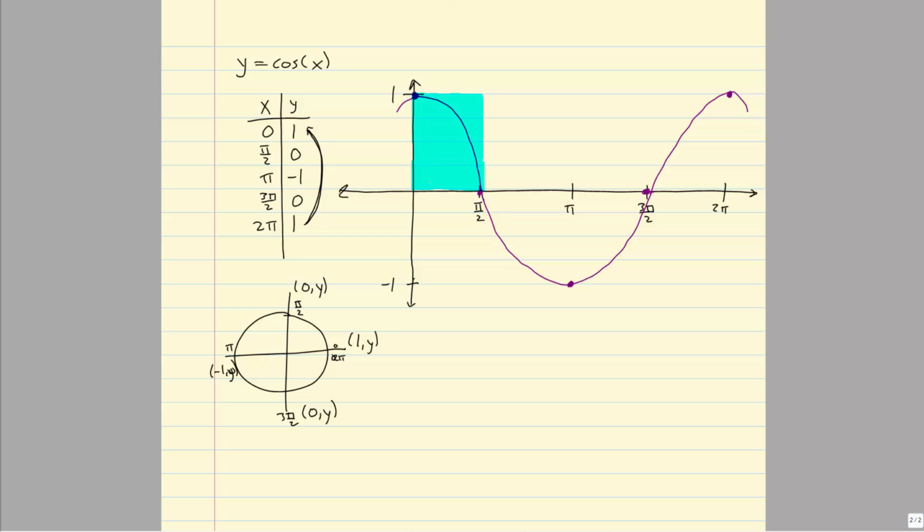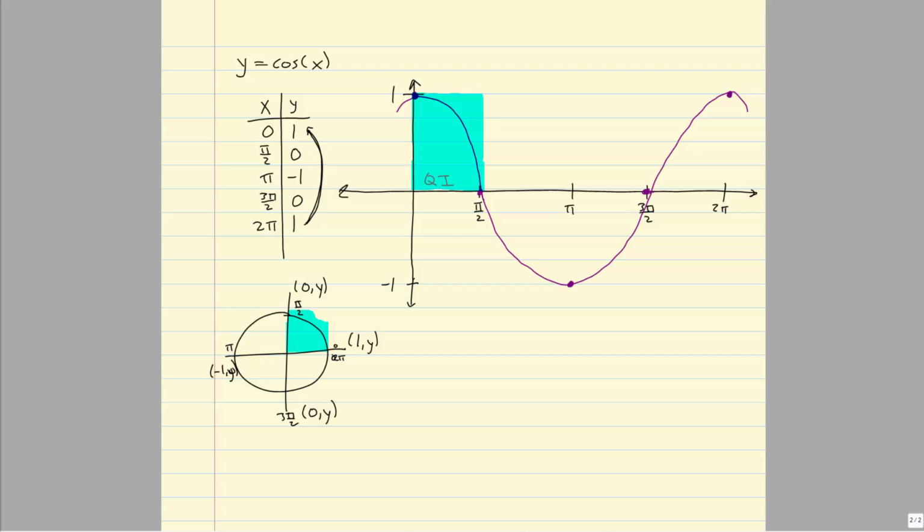And in quadrant 1, that's going to match exactly what we have down here in this quadrant 1 in terms of I'm always having positive y values. I'm moving from 1 to 0, and you can see I'm moving from 1 down here to 0. So make sure you understand the relationship between the quadrants of the unit circle and the quarters, or the quadrants, of this graph as well.